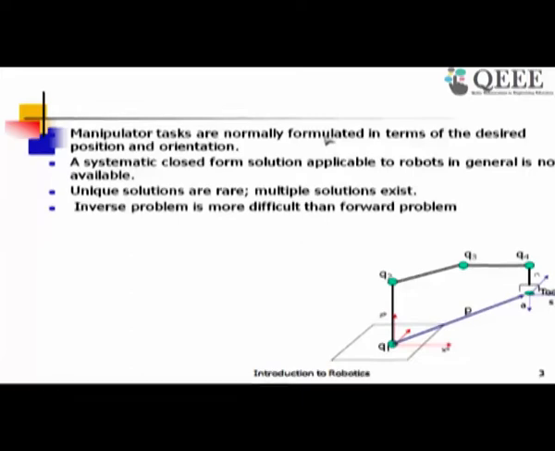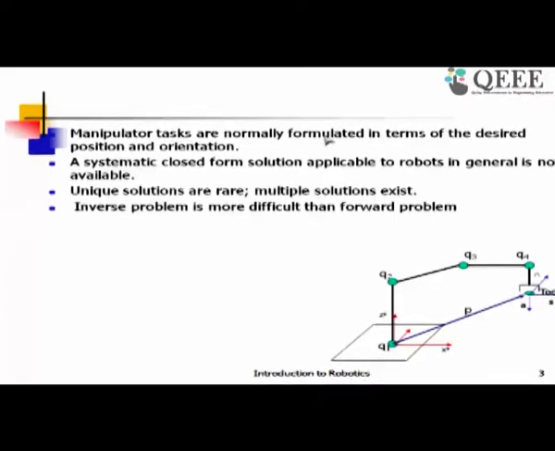So the position X will be a function of joint variables, and therefore once you know the joint angles, you can always find the tip position reached by the manipulator. That is basically the forward problem.